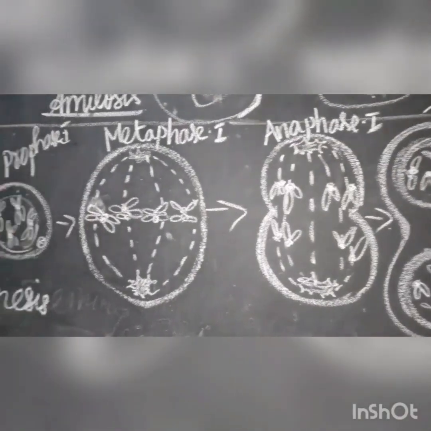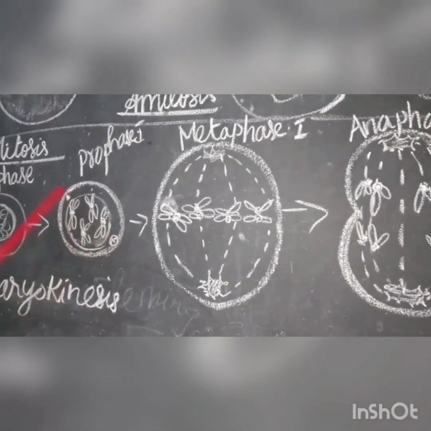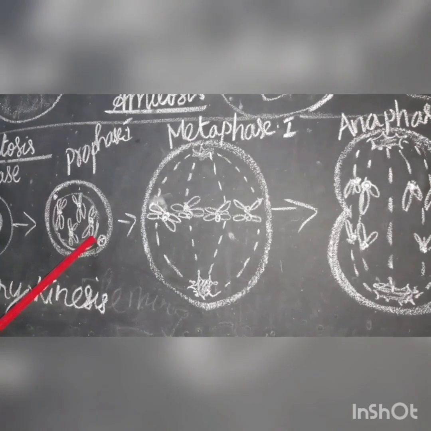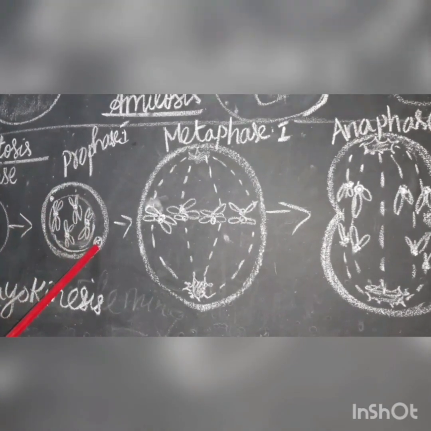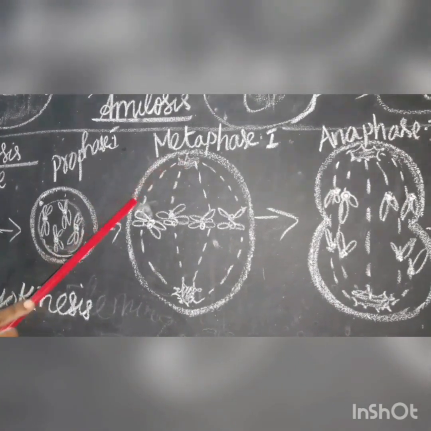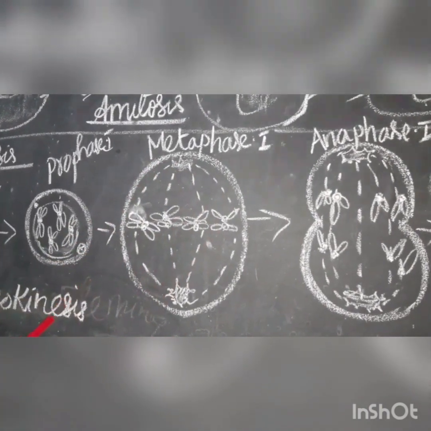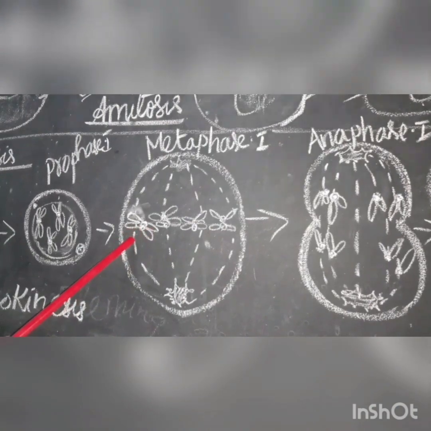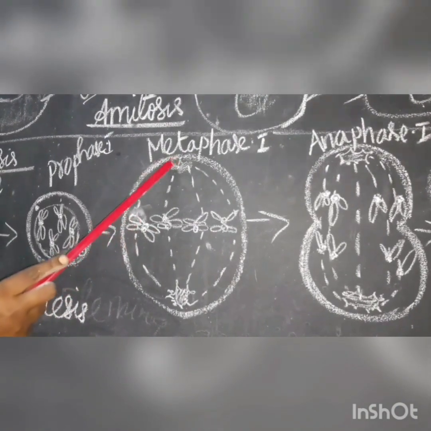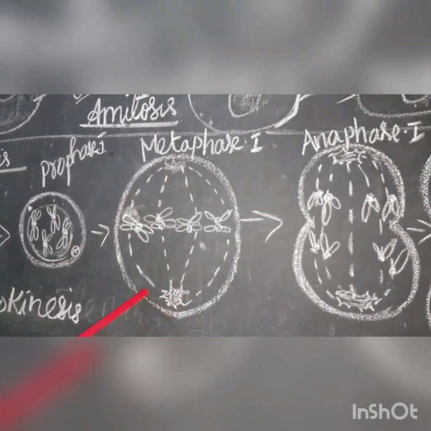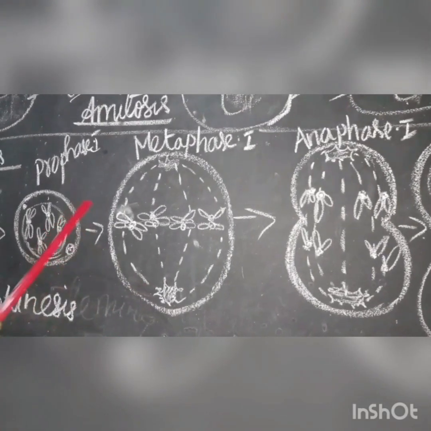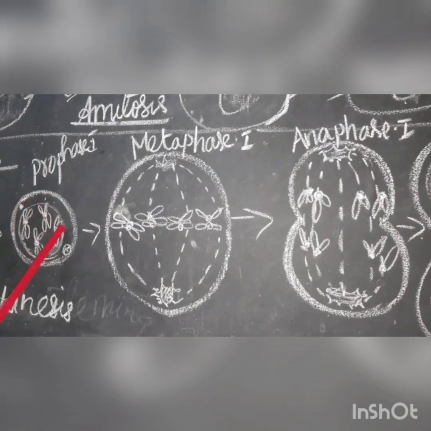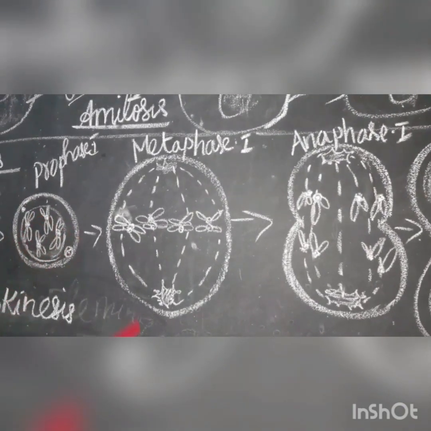The centrioles move towards the opposite poles. The centrioles are surrounded by radiating rays, aster rays. Spindle fiber appears between the centrioles. The nuclear membrane and nucleolus disappear.